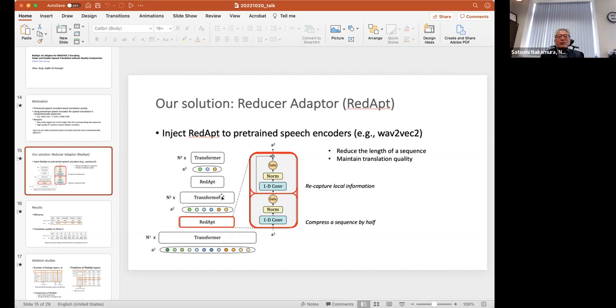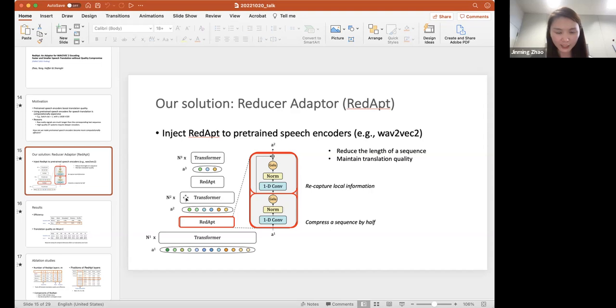So, but still, the second transformer, I couldn't understand why you adjust this second transformer time resolution while your RedApt reduces the temporal resolution.